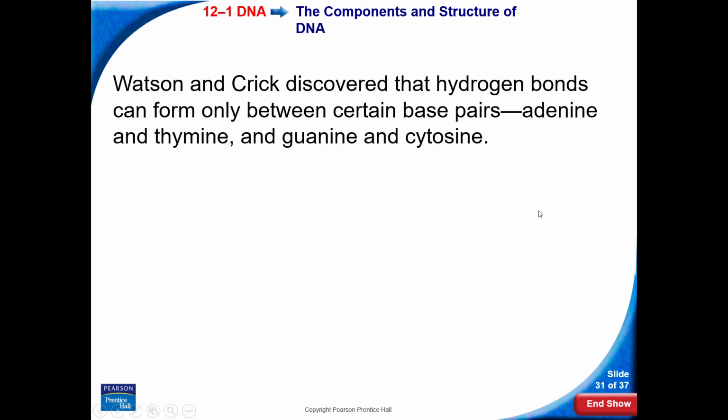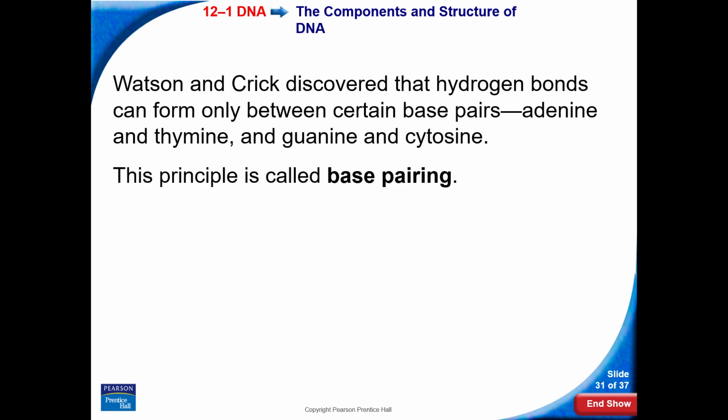Watson and Crick discovered that hydrogen bonds can form only between certain base pairs, adenine and thymine, and guanine and cytosine. Now, if you remember, hydrogen bonds aren't like covalent bonds or like ionic bonds. They're not quite as strong, so they can be easily broken, but they do hold molecules together.